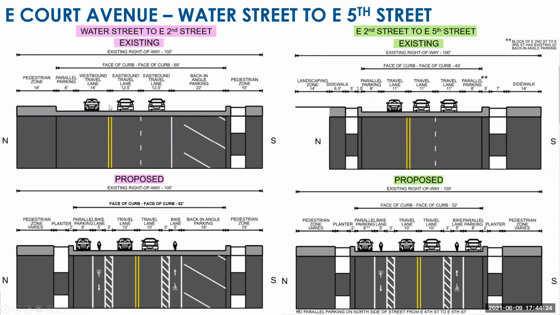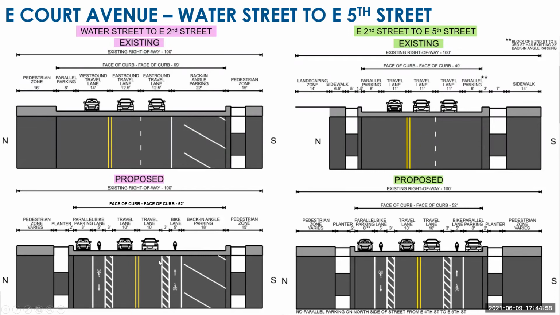So currently between Water Street and East 3rd, there's back-in angle parking, and you have these 3 travel lanes and then parallel parking on the north side. So you have about a 69-foot roadway. And so what we're proposing from Water Street to East 2nd is narrowing that up. We'll maintain the back-in angle parking on the bridge and on the block from East 1st to East 2nd.